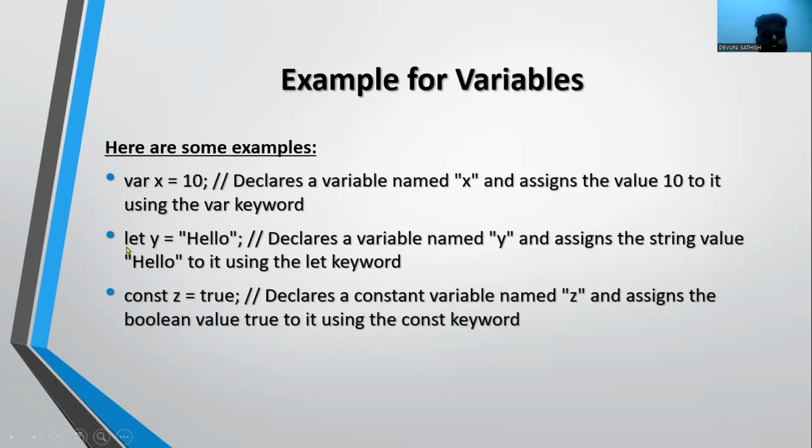The next example is let y equals "hello", which declares a variable named y and assigns the string value hello using the let keyword. And const z equals true declares a constant variable named z and assigns the Boolean value true to it using the const keyword.